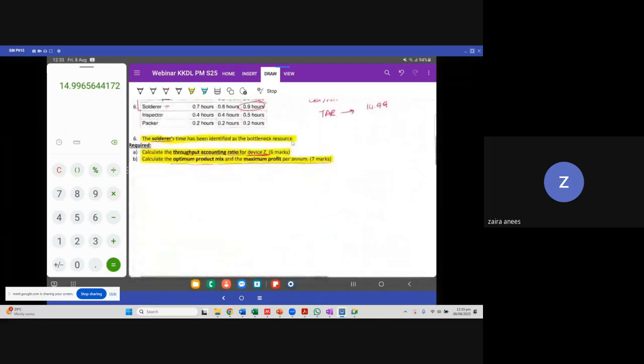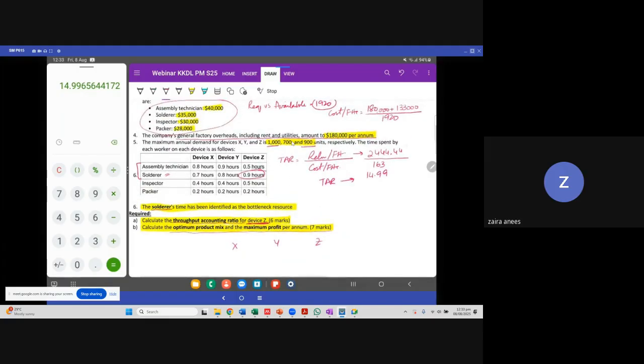So let's calculate the return per factory hour for X, Y, and Z. For Z, we already know the return per factory hour.